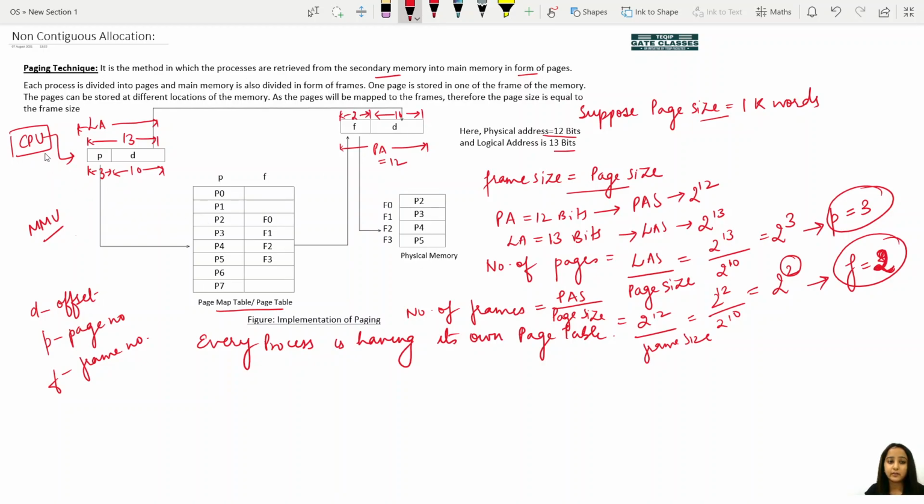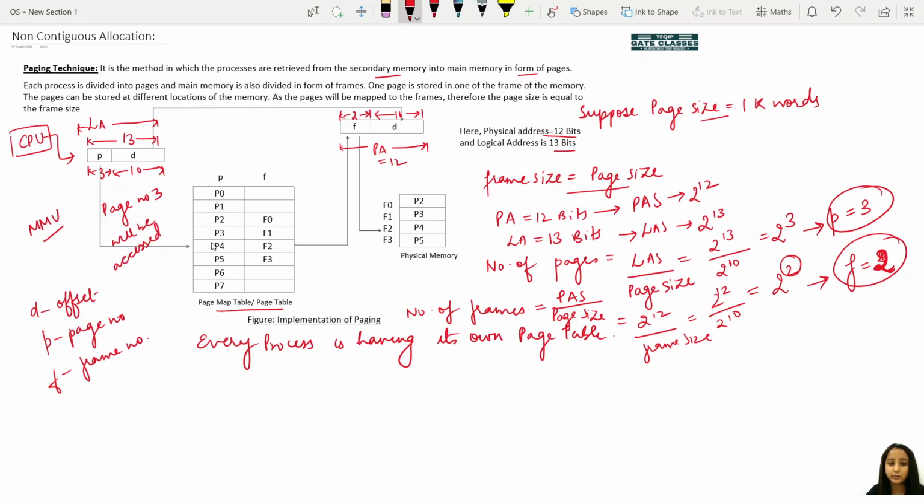So what happens? The CPU will generate the logical address. From there we will get the value of the page number, which page number we have to access. Now in this case the page number is 3. Page number 3 will be accessed.